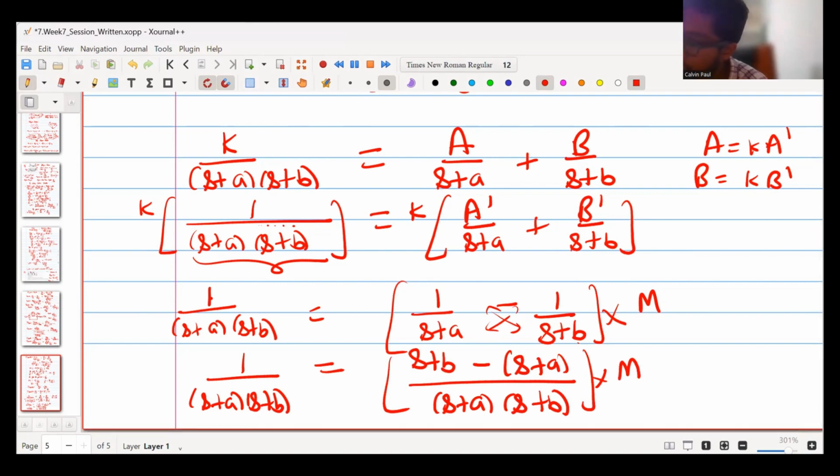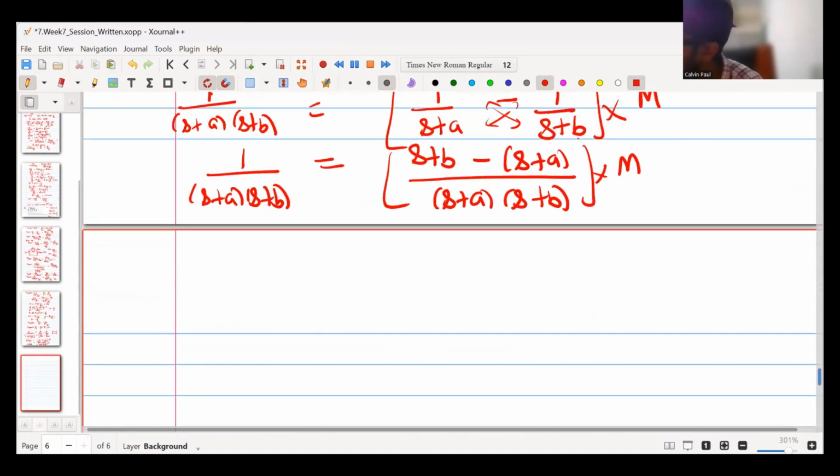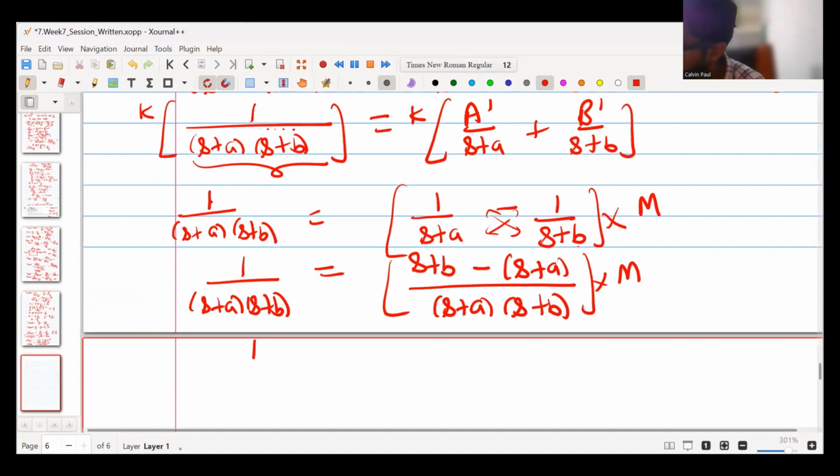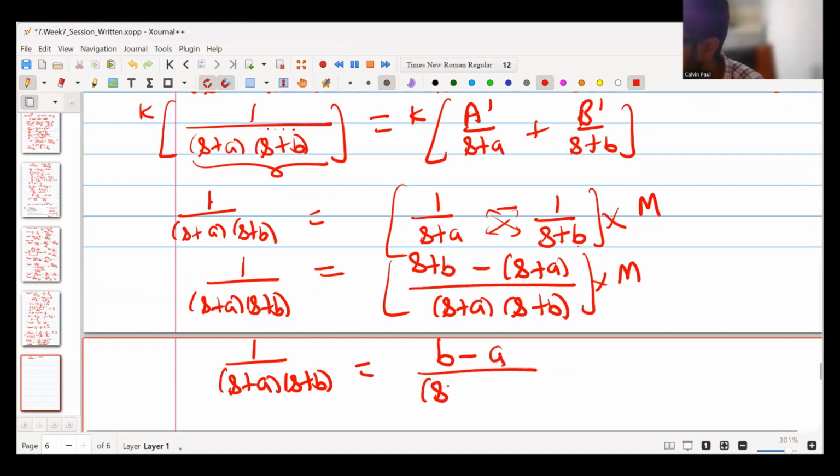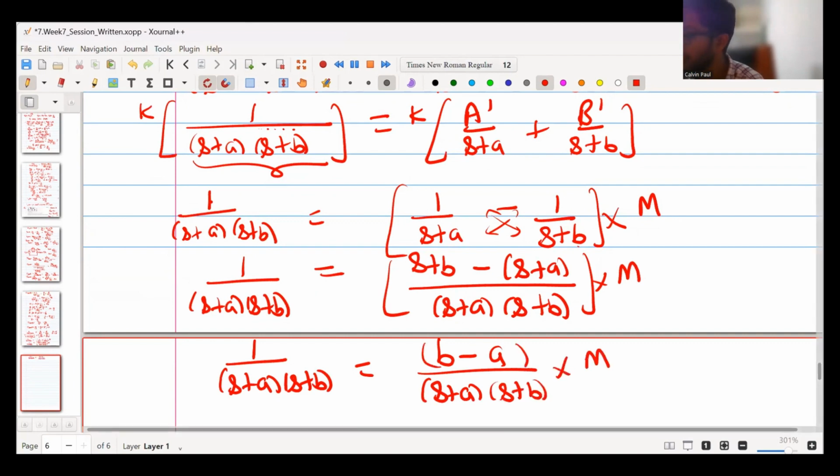So this is equal to b minus a upon s plus a into s plus b into m, because your s and s get cancelled.